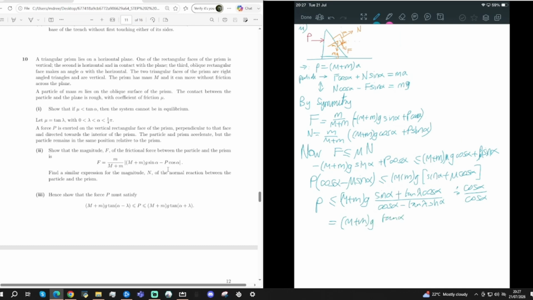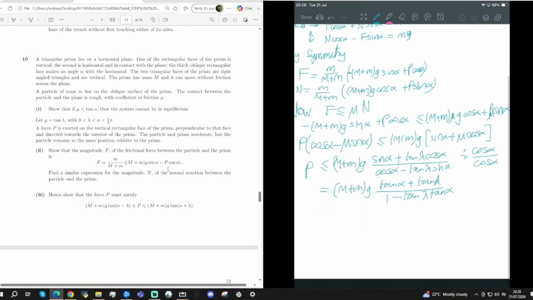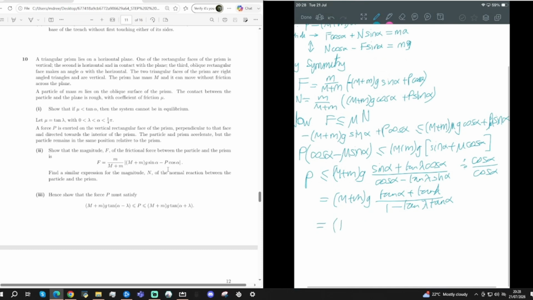Tan alpha plus tan lambda. Have I swapped my signs anywhere yet? Nope, I've still got the right signs. Over 1 minus tan lambda tan alpha, which is (M plus m) g tan of alpha plus lambda.